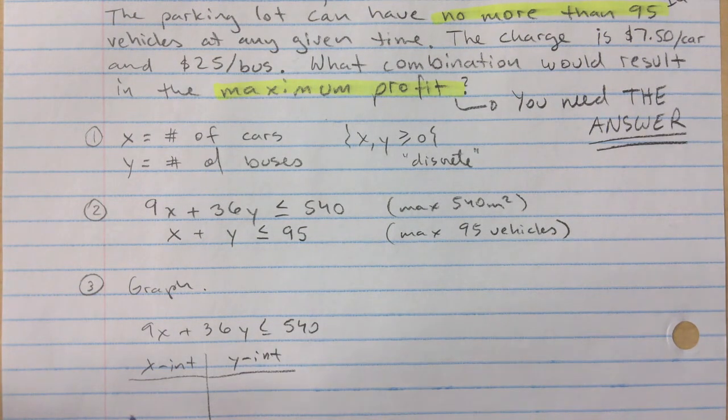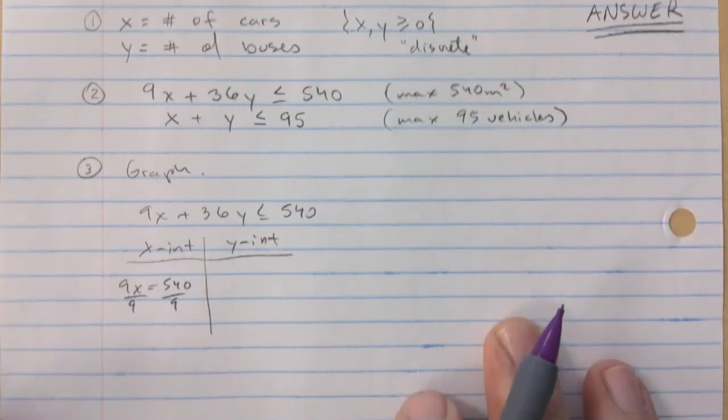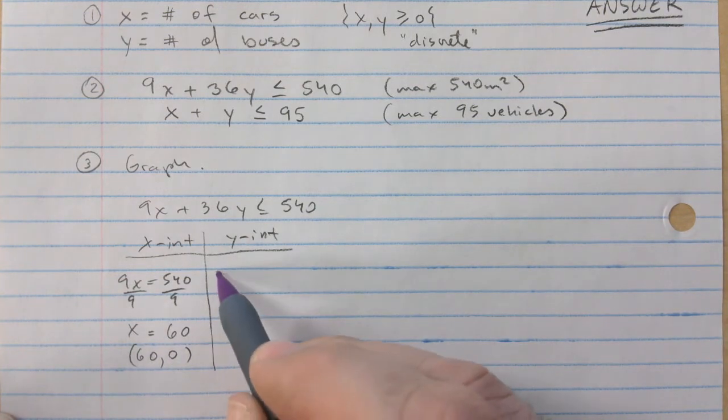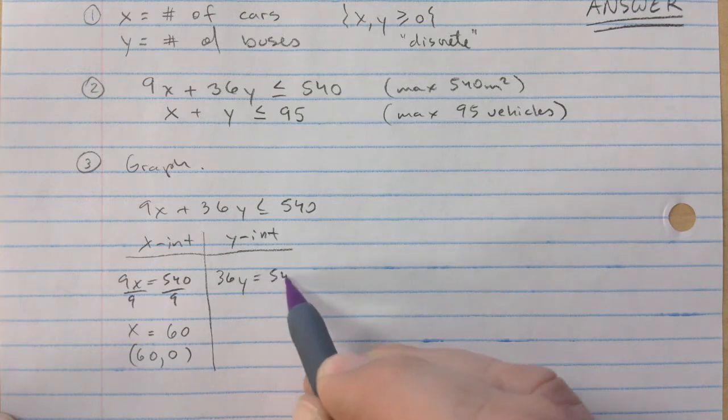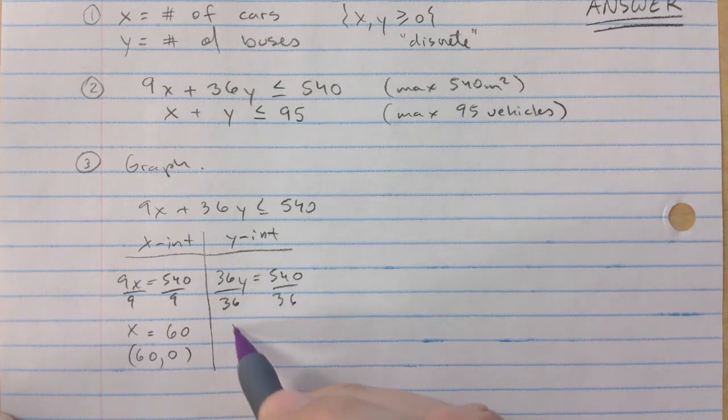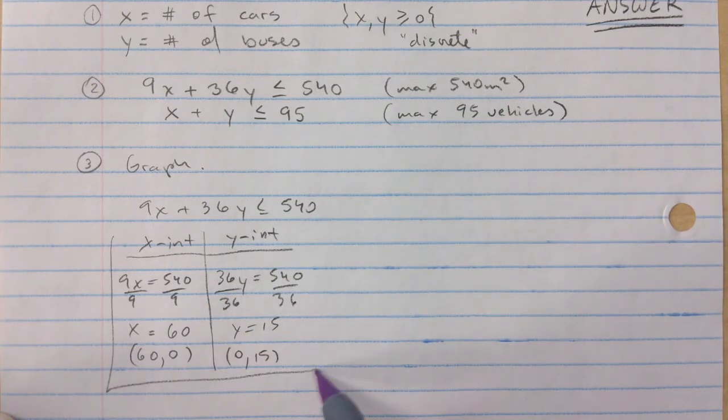And we get 9x is equal to 540. Divide both by 9. You can see that, sorry. X is equal to 60. So 60, 0. We'll do the same thing here. That results in 15, so it's 0, 15. I have my intercepts.